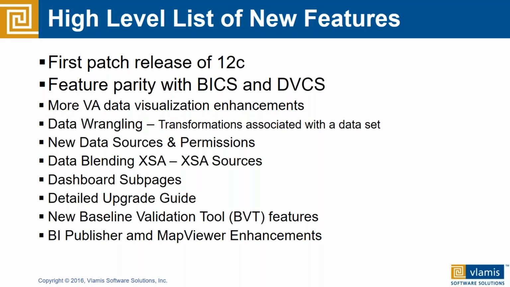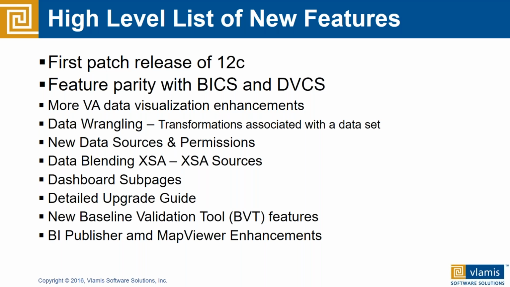I'll show you actually bringing that in from an Oracle table. There's the ability to blend things from various spreadsheet, Excel sources and blend those together. There's the ability to do dashboard subpages. There's a detailed upgrade guide. There are some new features in the BVT, the baseline validation tool.